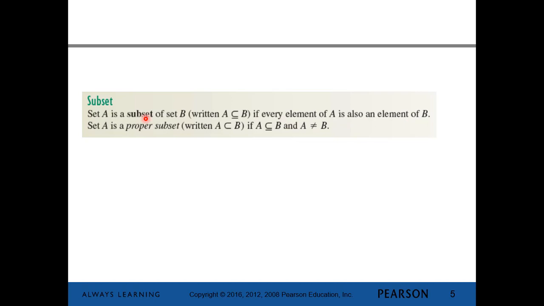Now, a proper subset is a little bit stronger. This symbol means proper subset, which means we're not including the equal sign, the underscore. You could look at this like an equal. So we're not going to include the case where A and B are the same, where all of the elements of A are in the set of B. A subset does include the possibility that A and B are the same set.